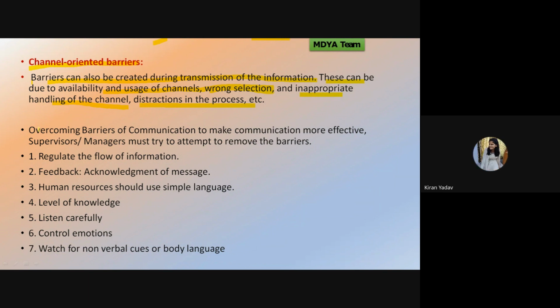Yes, if there is any physical noise, then you will try to go to a place where there is no noise. Okay, and anything more? If a psychological barrier is there, then we have to motivate and explore more about how it should be eradicated. Okay.